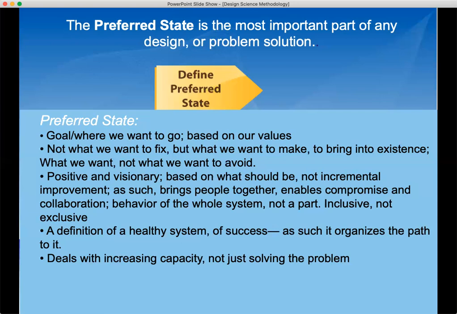Anyhow, that was also able to be compromised on, and the end result was the acceptance of this plan for Paris to transform into the capital of the world. All right, so if you have a visionary and positive preferred state, it allows people to work together, it brings them together, enables compromise, and allows people to back off of strongly held positions that might be holding the current system in its place.